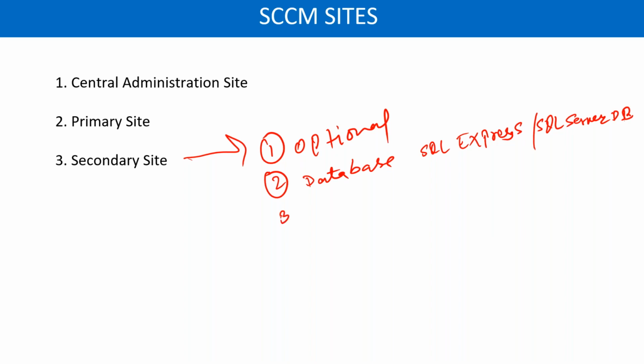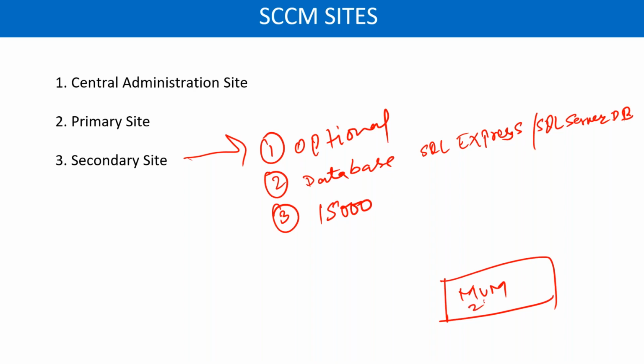So the third thing is, one secondary site can support up to 15,000 devices. Suppose there is a branch office, let's say Mumbai, and Mumbai has 25,000 devices. What will you do, guys? We'll create two secondary sites. You had to create two secondary sites because you can only fit 15,000.